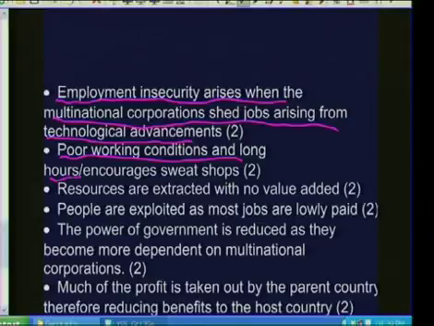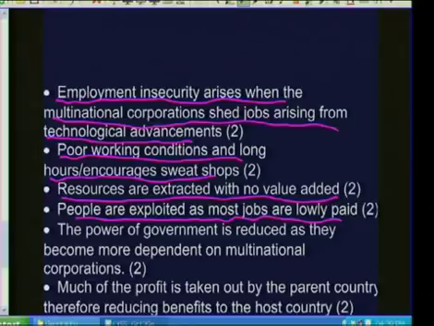Poor working conditions, long hours, encourage sweatshops, resources extracted with no value added. People are exploited as most jobs are lowly paid. So there's various options, but the question asked you for two.